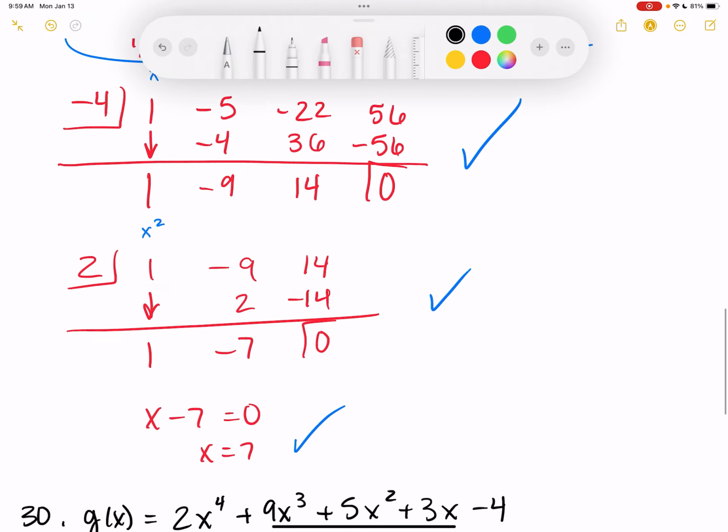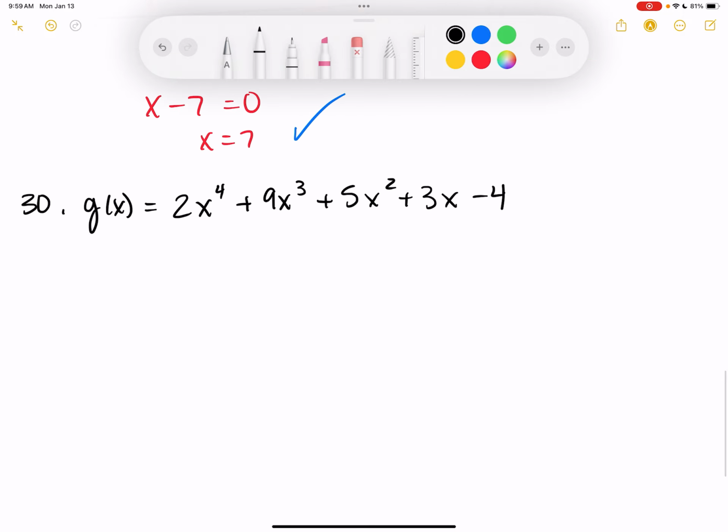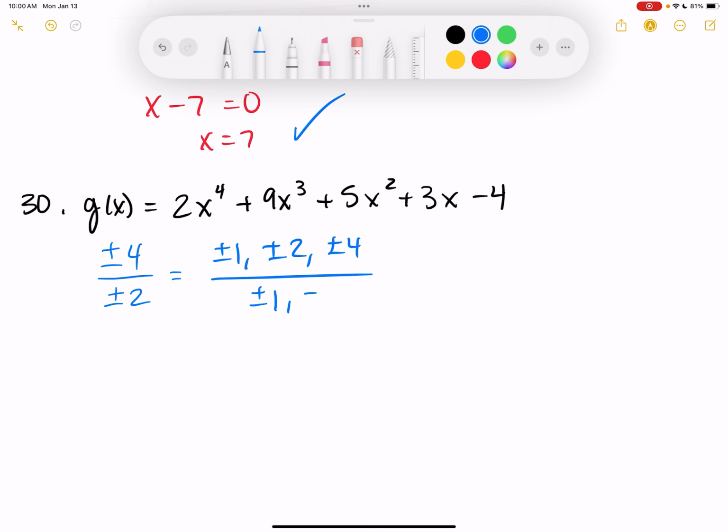All right, so the possible zeros are plus or minus 1, plus or minus 2, plus or minus 4 over plus or minus 1, plus or minus 2.